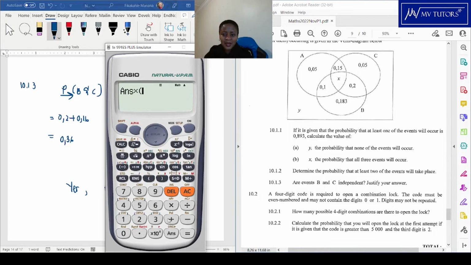And I'm going to multiply it by 0.15 plus 0.16 plus 0.05 plus 0.2. Okay, I'm still getting this.